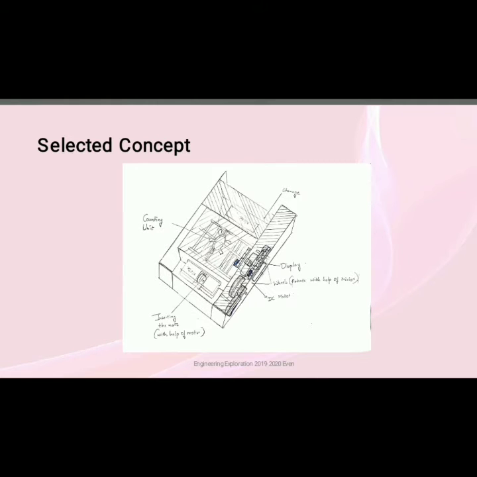Among these four conceptual designs, after analyzing the merits and demerits of these designs and the functions based on the customer's requirement, we came to a conclusion that the first conceptual design is better according to the need statement with the help of the Pugh chart.